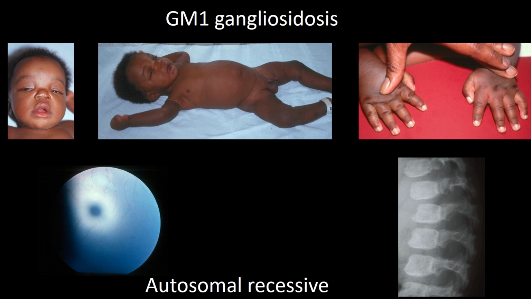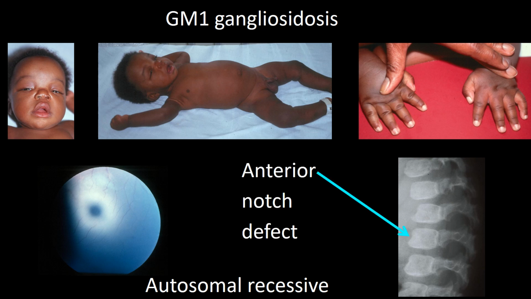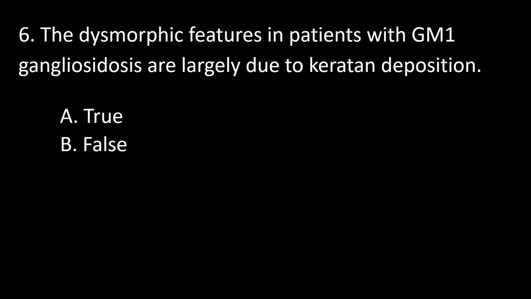One characteristic finding of bone dysostosis is an anterior notch defect in the lumbar region. This finding is characteristic of all gangliosidosis with bone involvement and of mucopolysaccharidosis. In this frame, you can see a defect in the vertebra being pointed to by the arrow, and also here. GM1 gangliosidosis is an autosomal recessive condition, so the answer to this question is A.